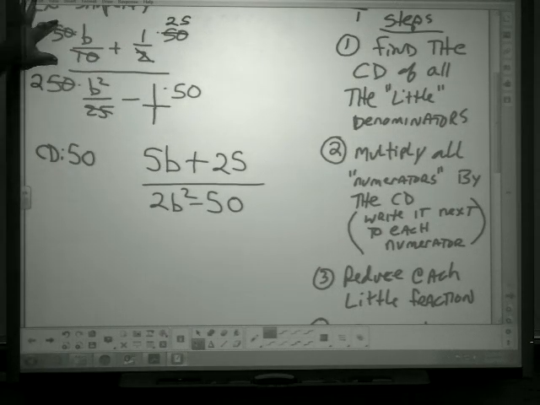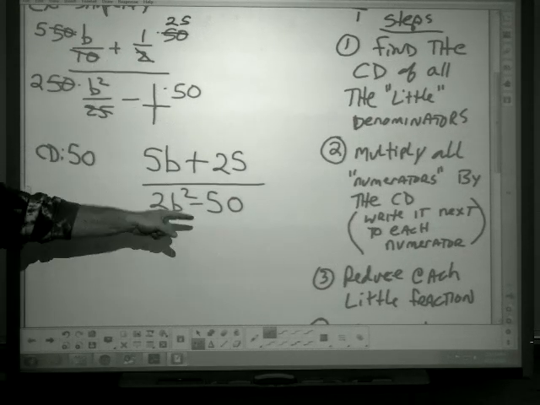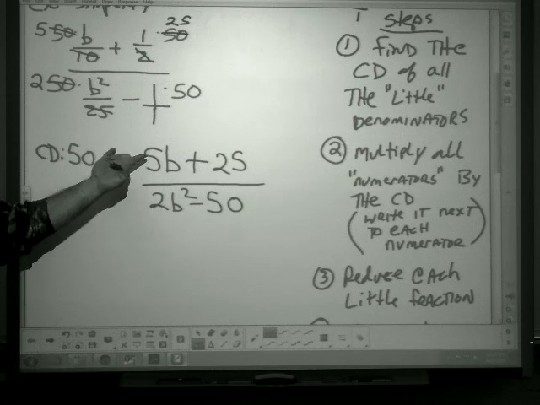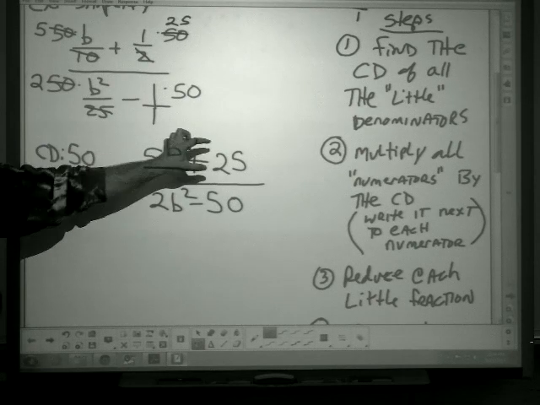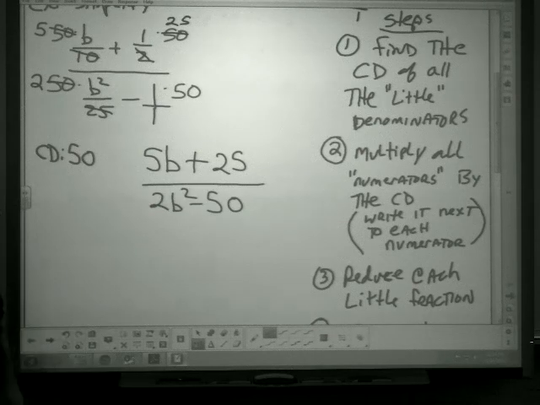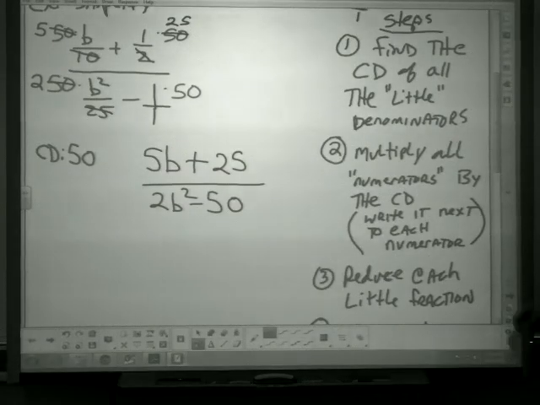Whatever's left on top goes on top. Whatever's left on the bottom goes on the bottom. Notice all of your little fractions now are gone, and you're left with just a numerator and a denominator. If they didn't reduce down, then you picked the wrong common denominator.